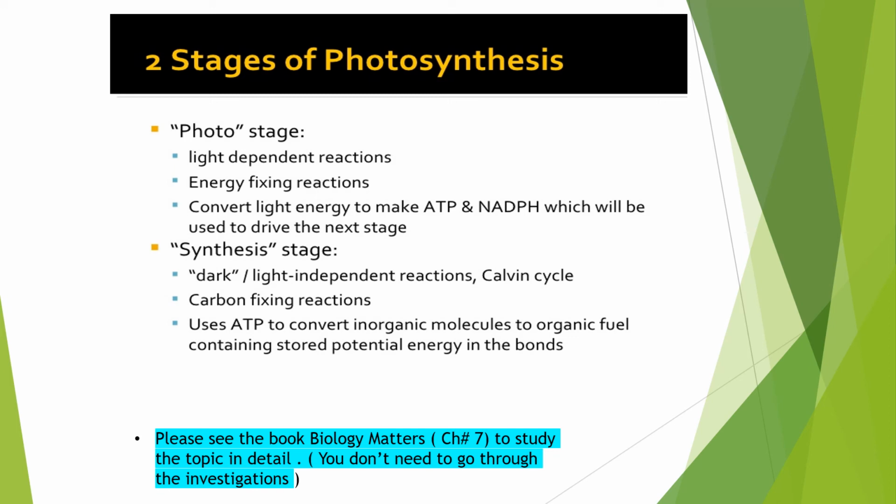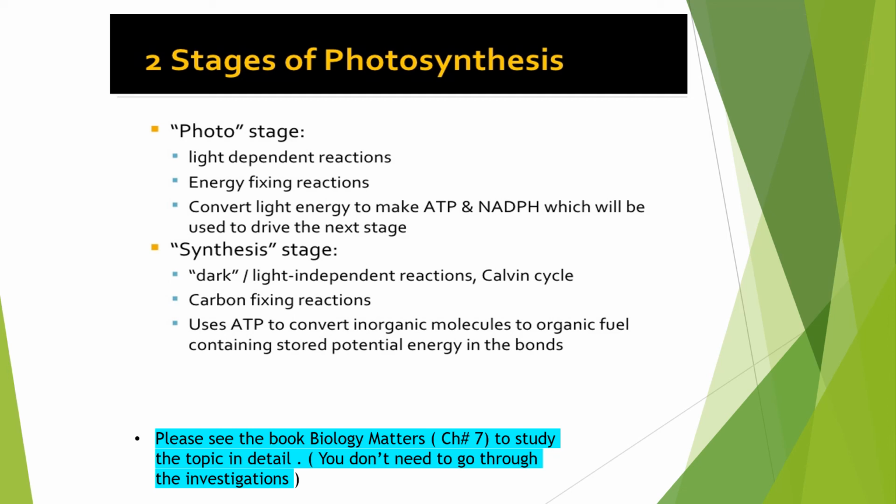In this reaction, sunlight absorbed by the chlorophyll starts the chemical reactions, and the sunlight is converted into energy to make ATP. ATP is an energy rich molecule, which stands for adenosine triphosphate, and another energy rich compound is NADPH, nicotinamide adenine dinucleotide phosphate, which will be used to drive the next stage.